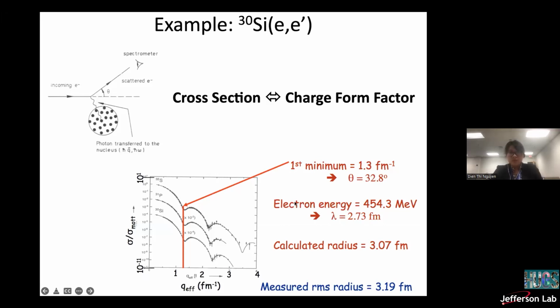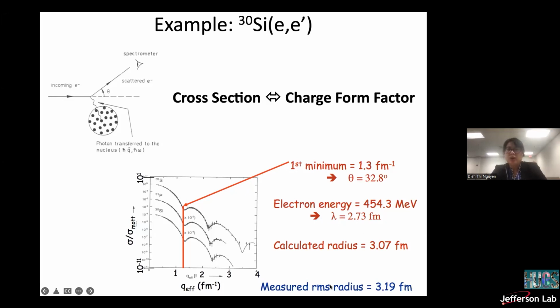And then you have the electron energy. You convert it to the wavelength. So then it's just a simple picture like you see in the classical case. You can put it in a formula and calculate the size of this object. So elastic scattering can help you to determine the radius of the object here. With a very simple calculation, like in the classical picture, you get the radius of this nucleus.